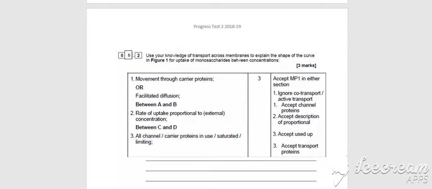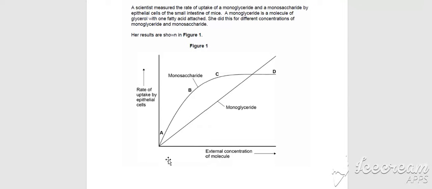And question 6.2 asks us to use knowledge of transport across membranes to explain the shape of the curve in figure 1 for uptake of monosaccharides between concentrations. So looking back at the curve, we can see that it starts to increase as the external concentration of the molecule increases, so does the rate of uptake by epithelial cells, but then we get to a stage where it will level off.